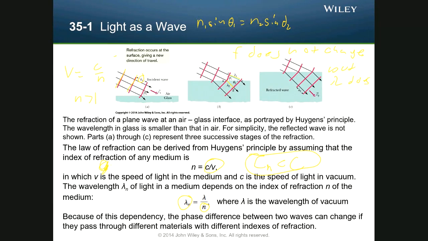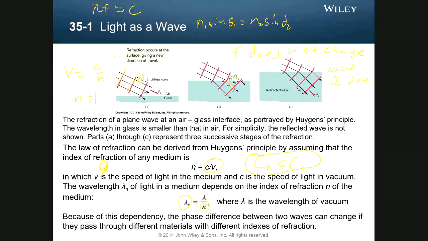We can calculate the new wavelength in terms of the original wavelength in the same way. All you have to do is recall that lambda times the frequency equals the velocity, or the speed of light, equals c.